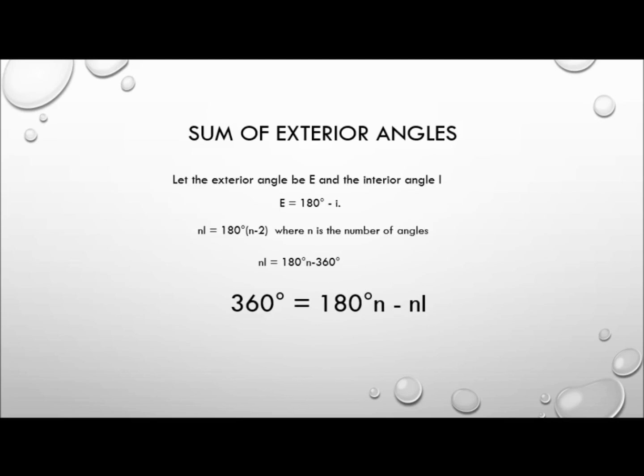And we can rearrange that to get 360 degrees is equal to 180 degrees times n minus n times I. Literally all I've done there is move the n times I from the left hand side to the right hand side by subtracting n times I from both sides of the equation, and I've added 360 degrees to both sides of the equation so that I can move the 360 degrees from the right hand side to the left hand side.